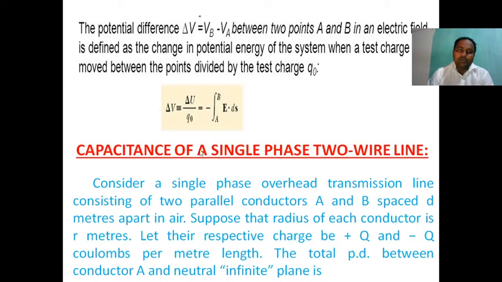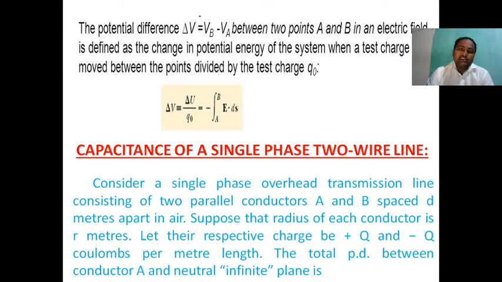Now we derive the capacitance of a single phase two wire line. What is a single phase? Single phase means they definitely have two conductors, conductor A and conductor B. Both have opposite charges in capacitance calculation.